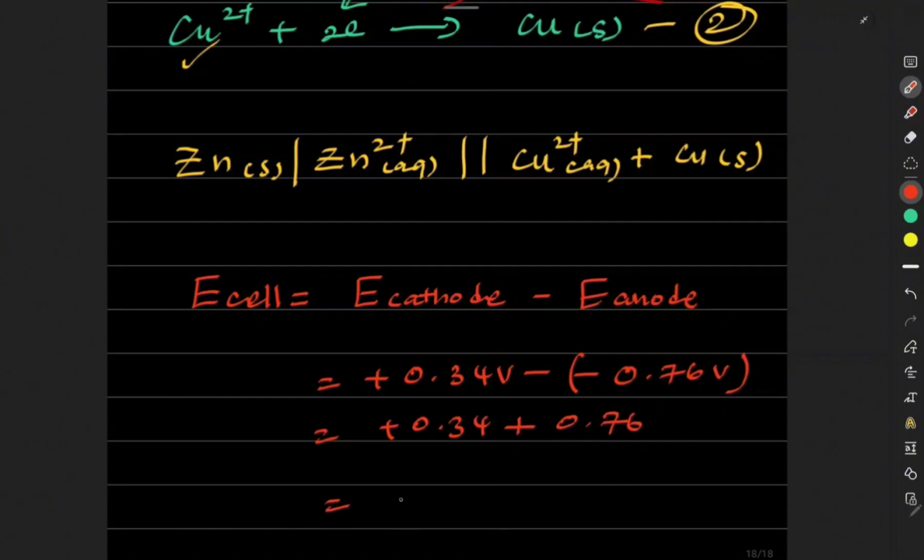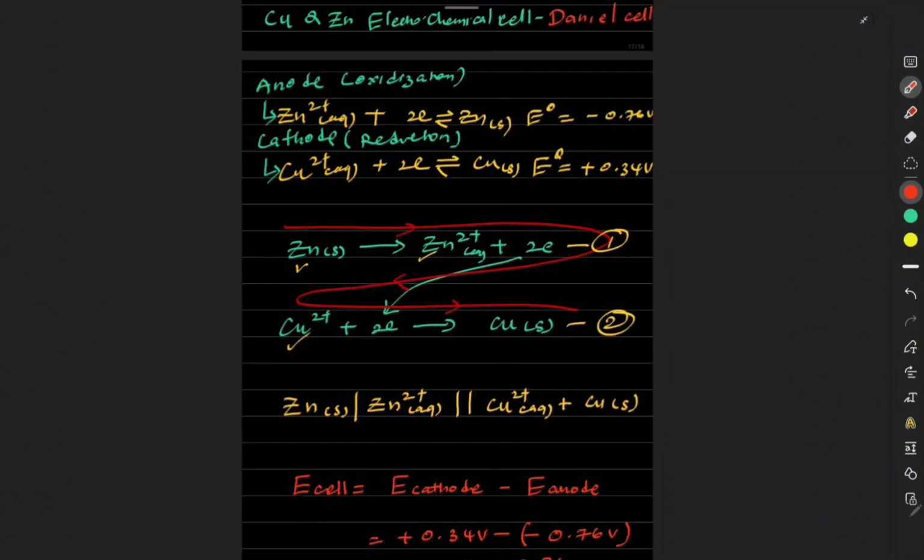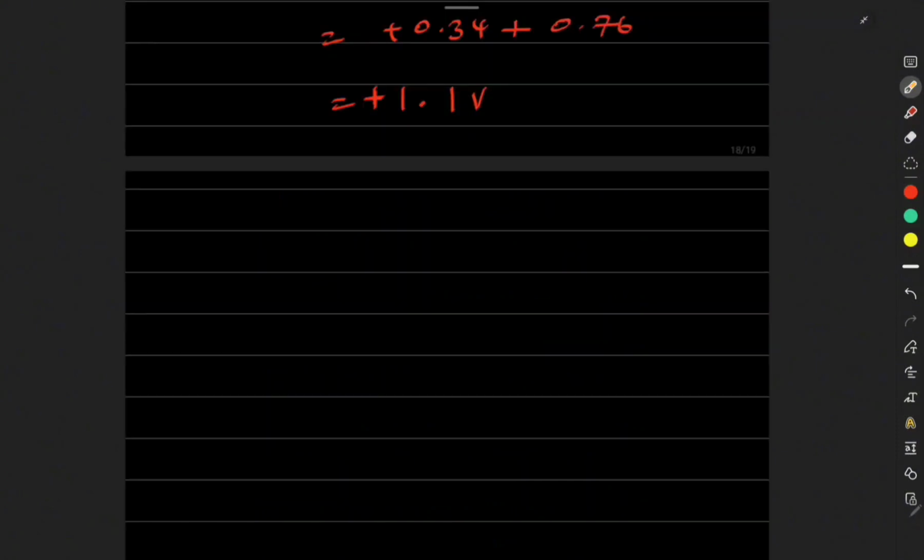The answer will be 1.1 volt, and it is plus 1.1 volt. The sign should be mentioned. We can write the cell notation using this flow: solid should release an electron, and that electron should be gained by an ion, and it should form a solid. The anode will release electrons, the cathode will absorb or gain electrons.